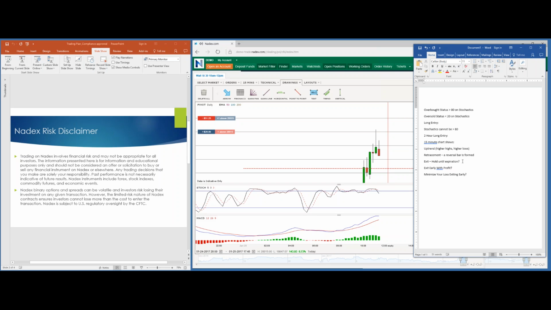It has to be before you enter. What's another way that we could say, I'm going to exit early? Decide what you're willing to lose if the trade goes against you. Again, with binary options, that's the first question you should be asking: what am I willing to risk on this trade?